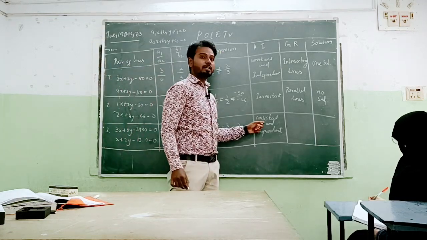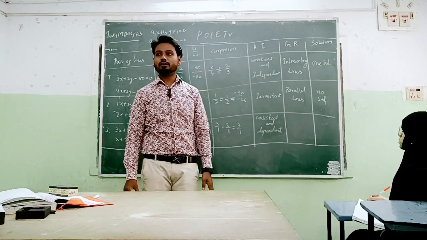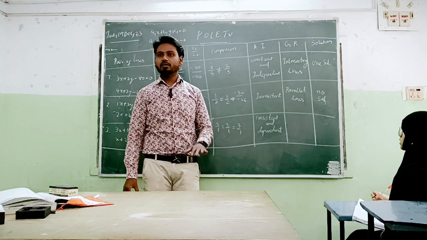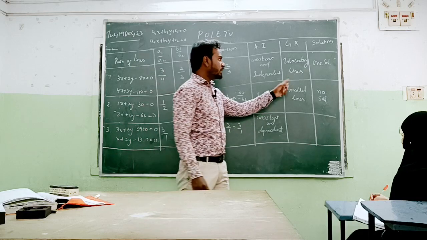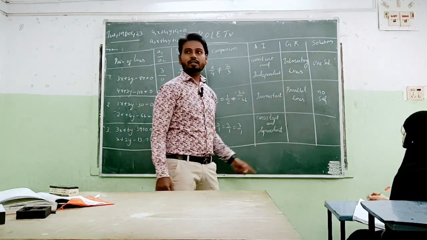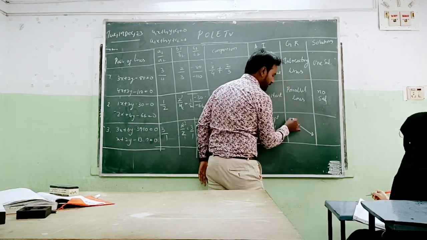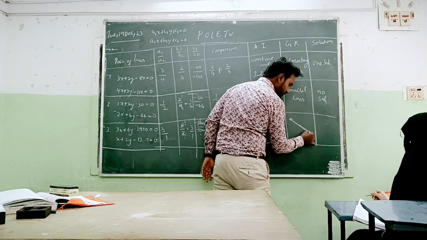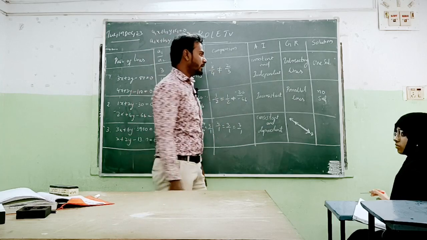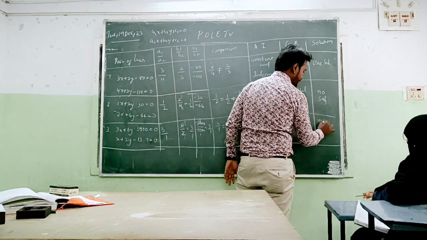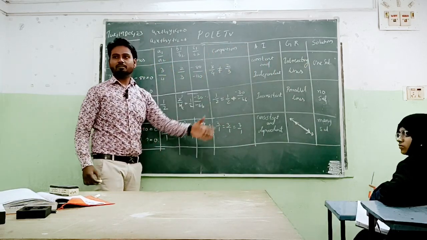Now the lines are consistent and dependent. Depend on each other. You can say made for each other. In this case, what happens? You know, here are intersecting lines, parallel lines, and coincident lines. Suppose this is my line, one more line also will be on that only, one on top of the other, and there are infinitely many solutions because they are together.